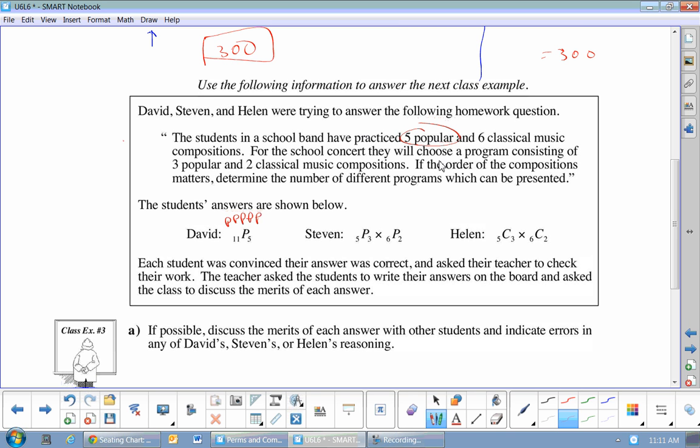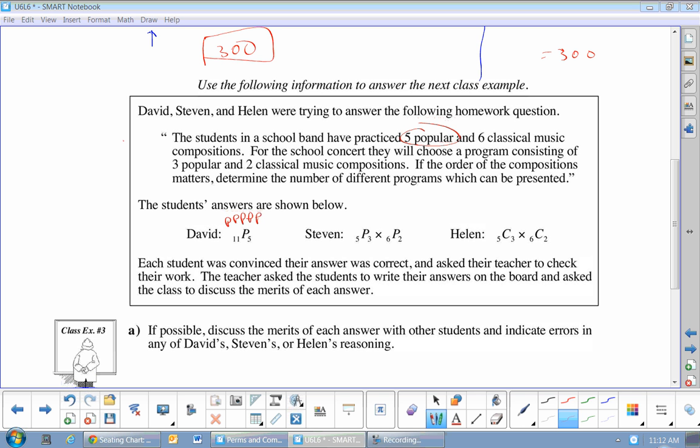Yeah, it says if the order of the composition matters. We go with Stephen's answer. Probably about 70% of the province would go with Stephen's answer. Okay.